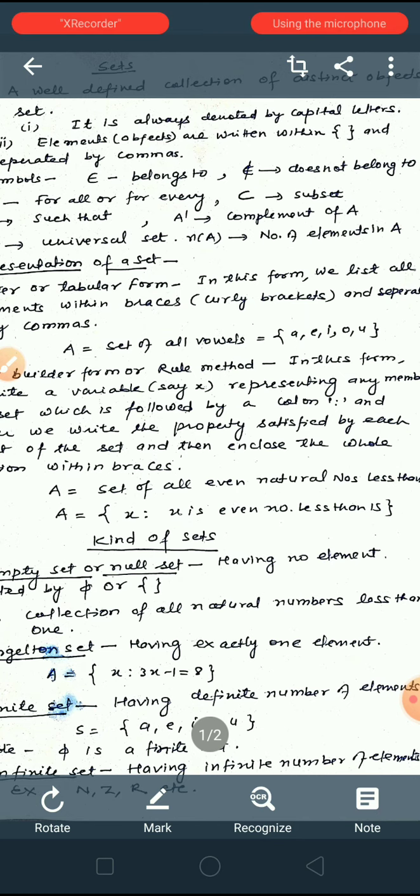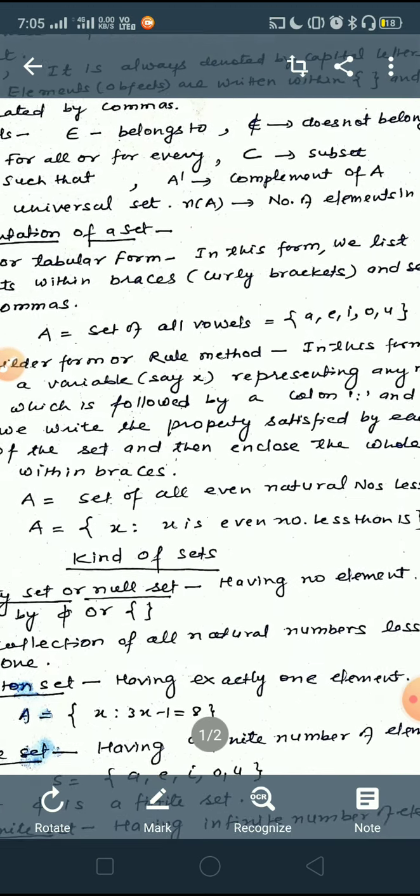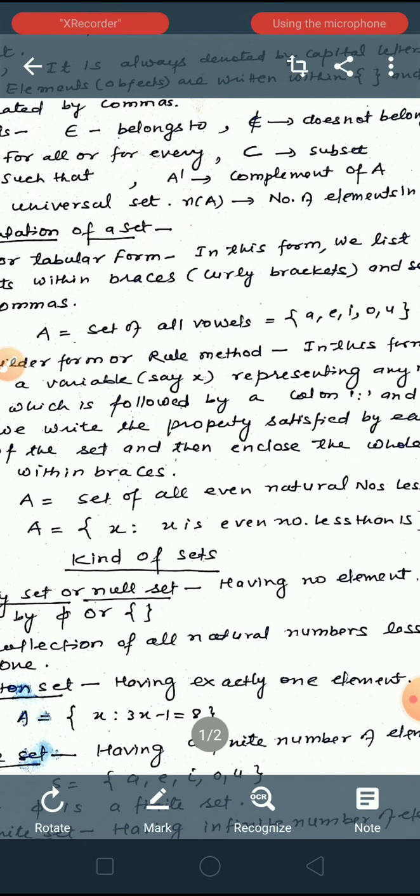You can use any variable, preferably we use x and y, and then write the rule which satisfies all the elements of that particular set.